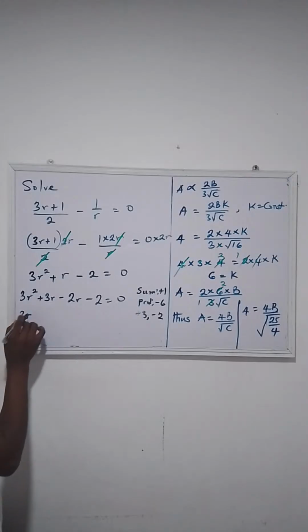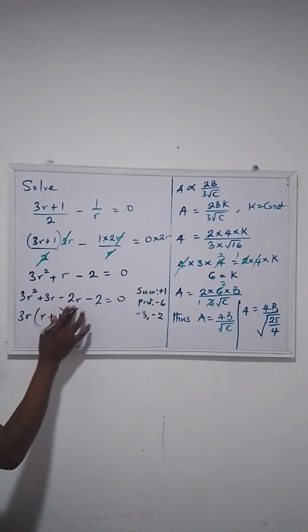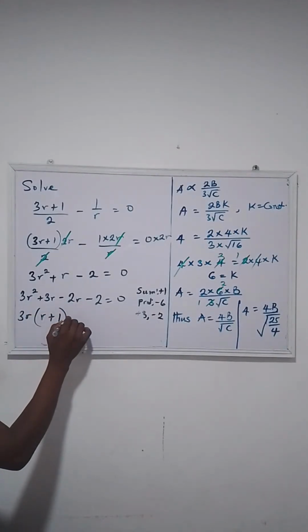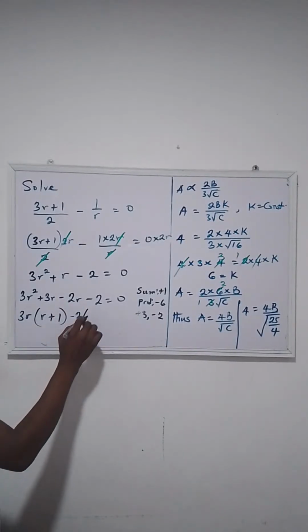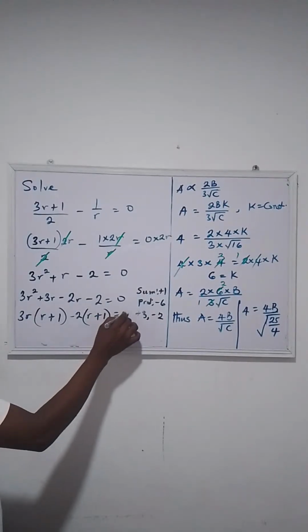Okay, so that's 3r because 3 can go in these two. So we have, when you divide this by 3r, 3r squared divided by 3r, so you have r plus what? Plus 1. So what's the GCD here? That's -2. So when you divide this by -2, you have r, this plus 1 equals to 0.